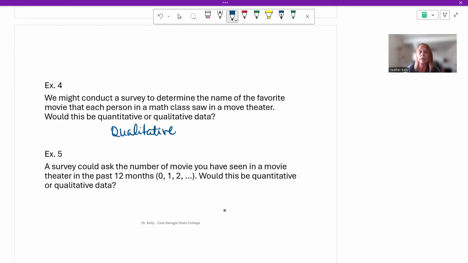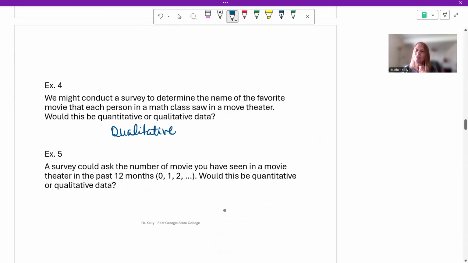Okay, and then example 5, let's not have you do it, because, duh, right? One's going to be one and one's going to be the other, but let's read it. A survey could ask the number of movies you've seen in the theater in the last 12 months: 0, 1, 2. Personally, I've seen 0.